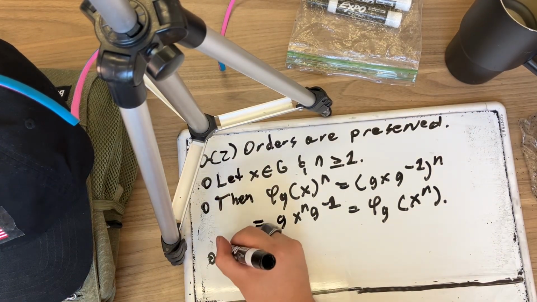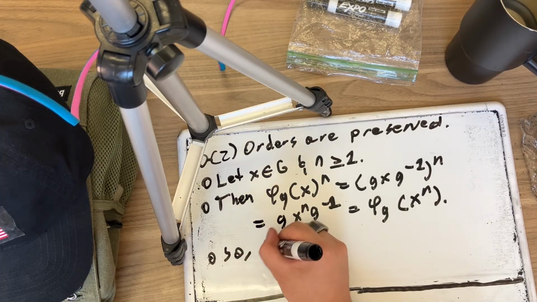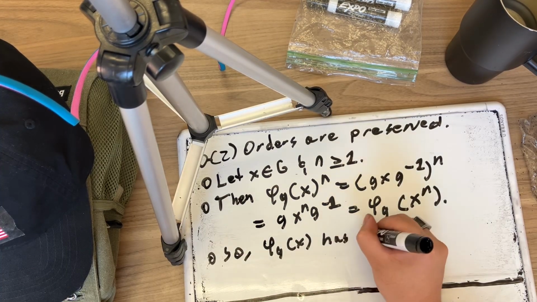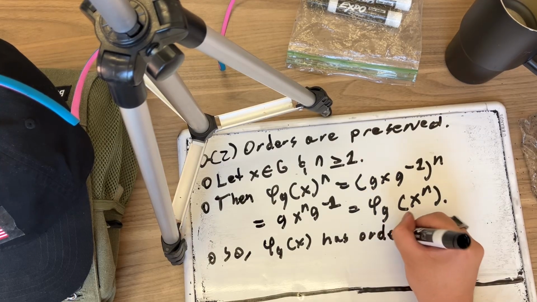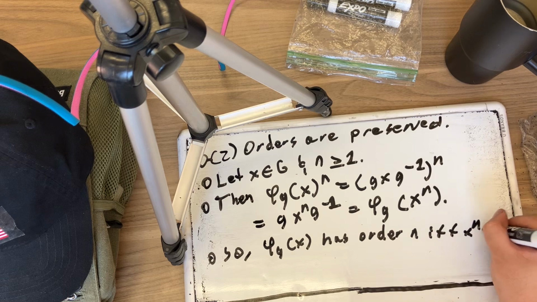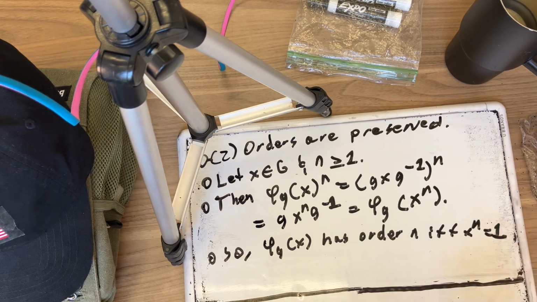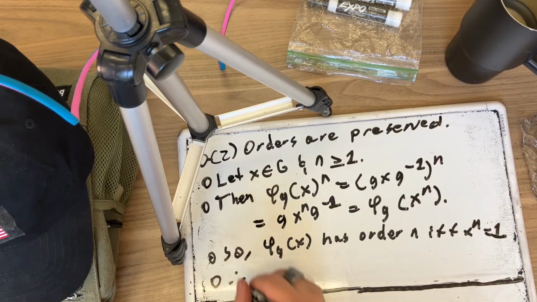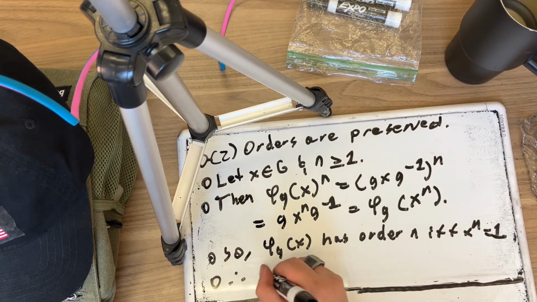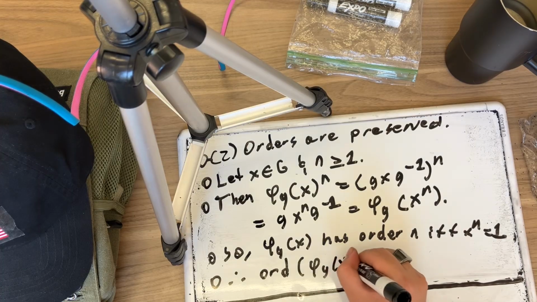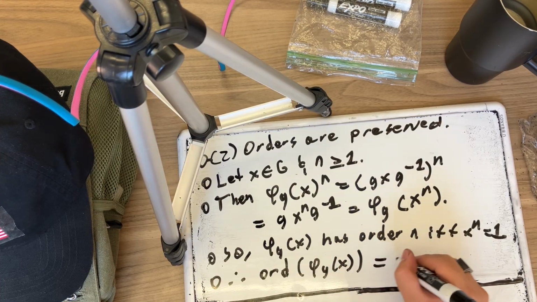So phi sub g of x has order n if and only if x to the n is equal to 1. That is to say, therefore, the order of phi sub g of x, what is that equal to?